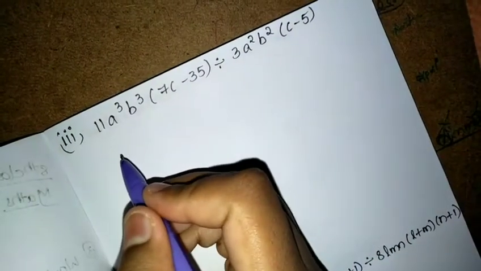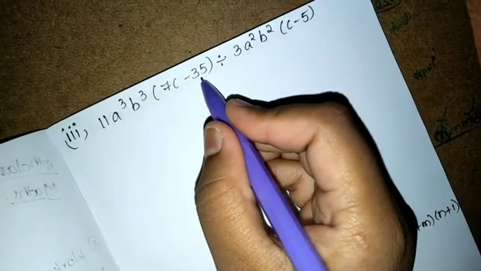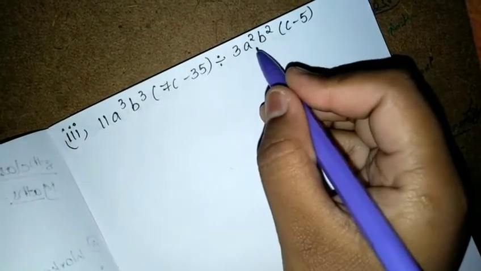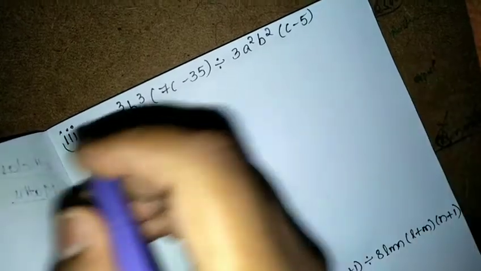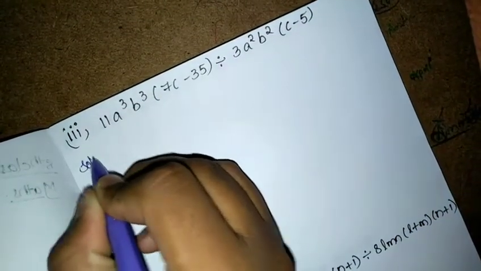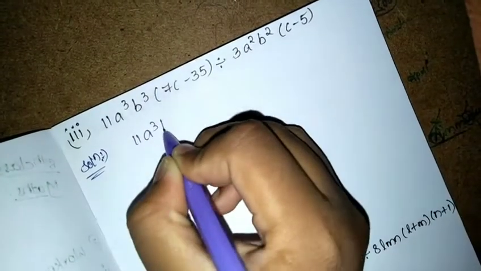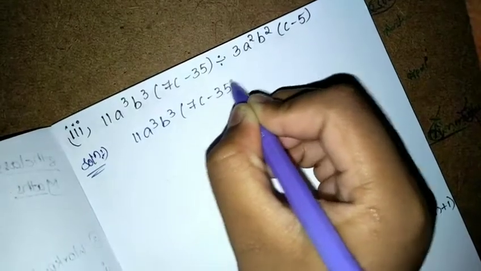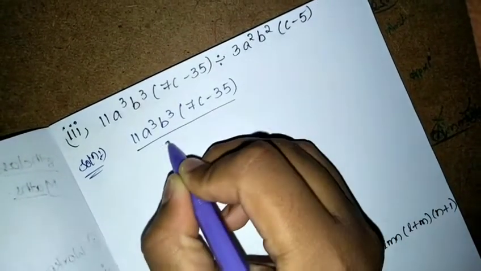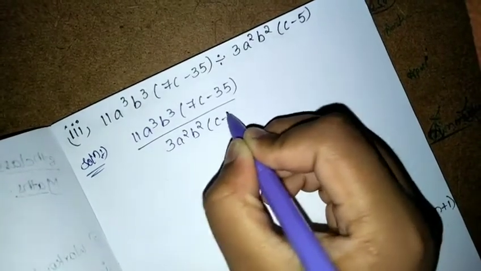Next problem is the third one, 11a cube b cube into (7c minus 35) divided by 3a square b square into (c minus 5). The solution for this problem is 11a cube b cube (7c minus 35) divided by 3a square b square (c minus 5).